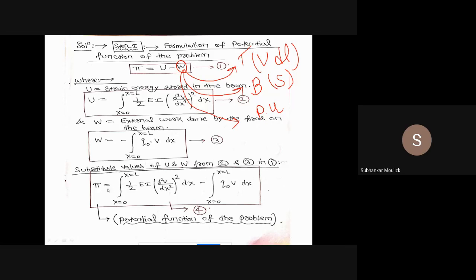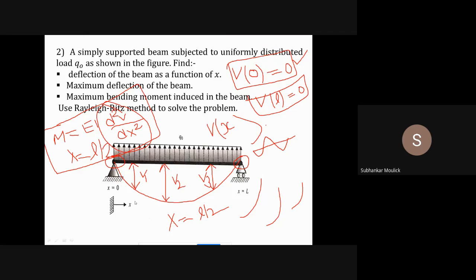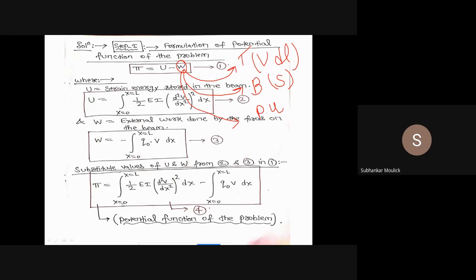So the resulting potential function for this problem in integral form becomes integral x equal to 0 to x equal to L, half of EI (d2v over dx square) whole square dx minus W, that is integral x equal to 0 to x equal to L q naught into v dx. This is the final potential function of the problem, which is expressed in integral form. Is it clear so far?